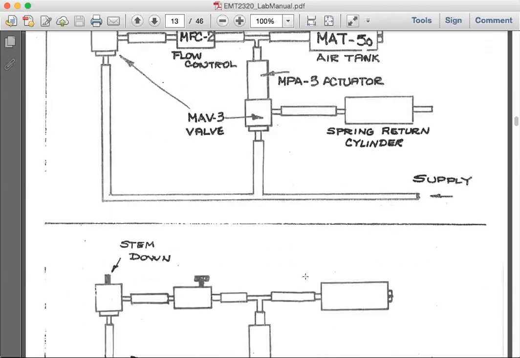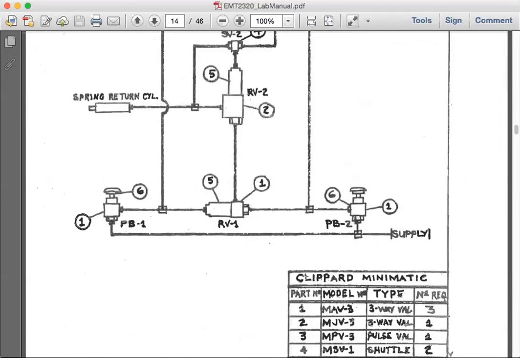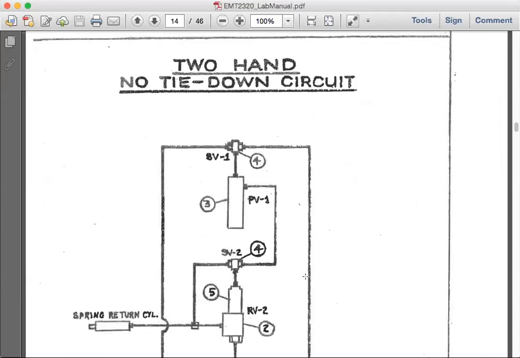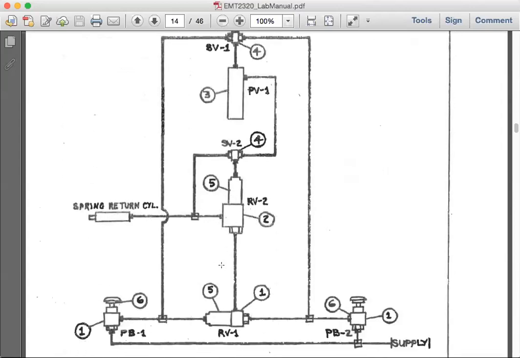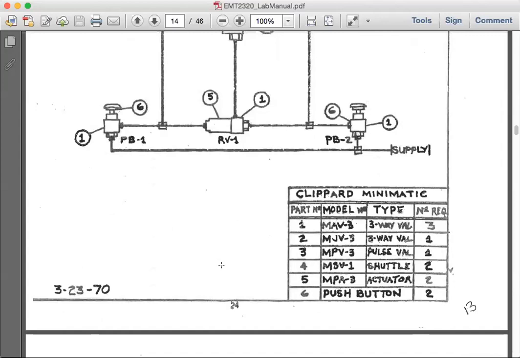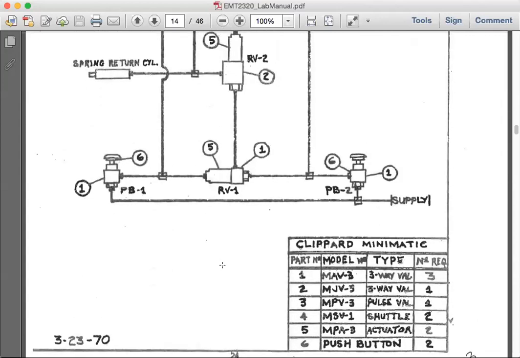And let me just go quickly to, for example, the system which is the two-hand no tie down circuit. Over here you see only the number of components, and then there is a table of components in here, and it says what component number, what model number, what type of valve it is, and so on.